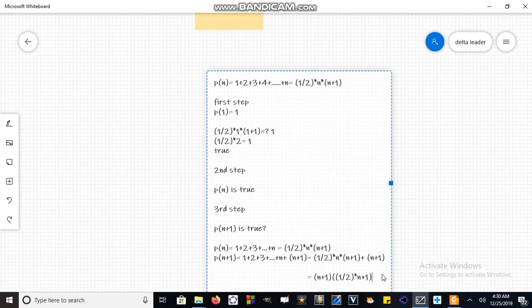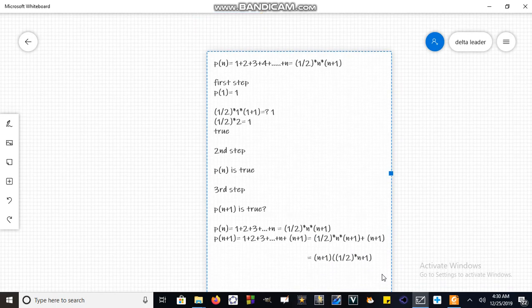Another way of seeing Pn plus 1, I mean this expression, is to take it as the formula suggests.